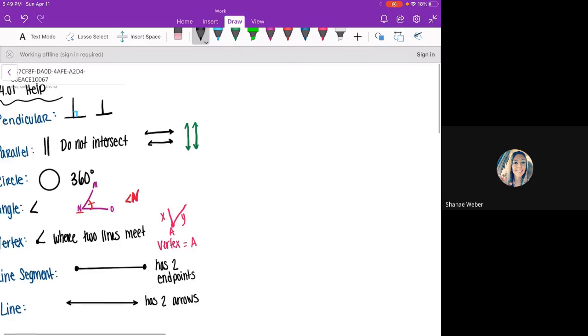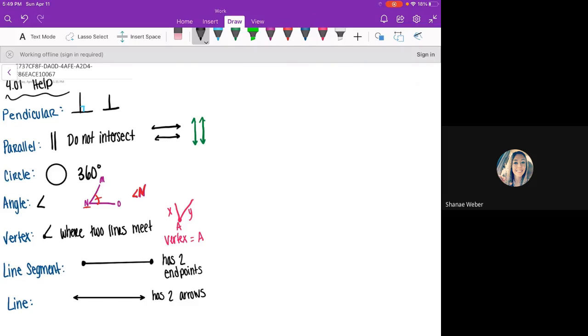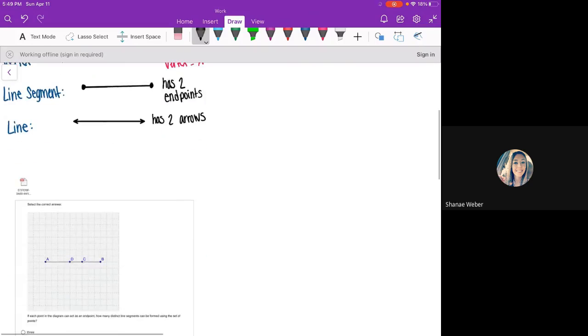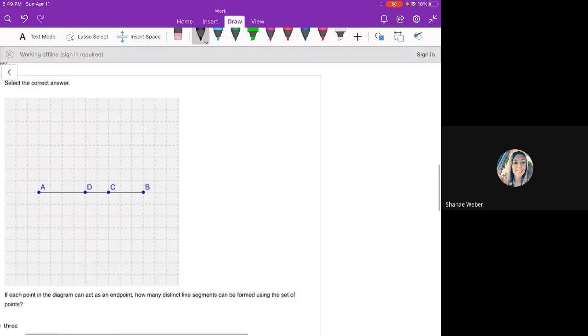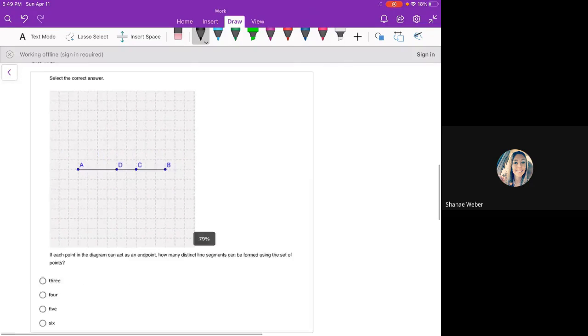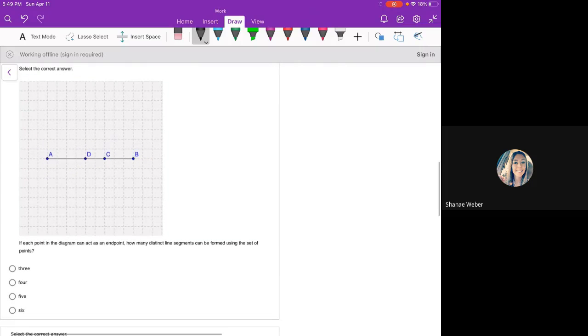Okay, so here are the words that you need to know. I'm going to do two quick examples because this unit is really pretty simple geometric concepts, so they should be things that you've seen before. But the problems can be worded a little tricky, so I want to go over two of the trickier ones that I saw. So here's a question.